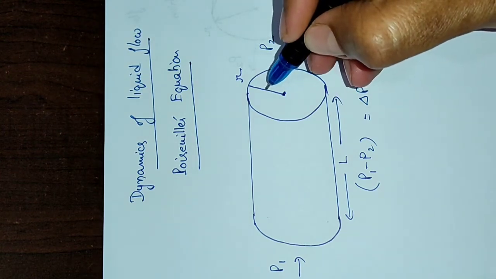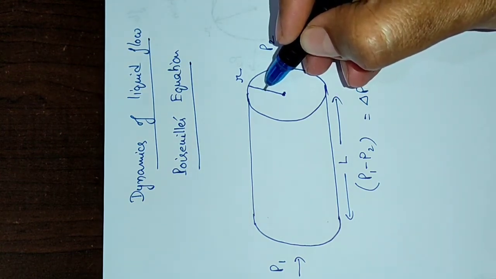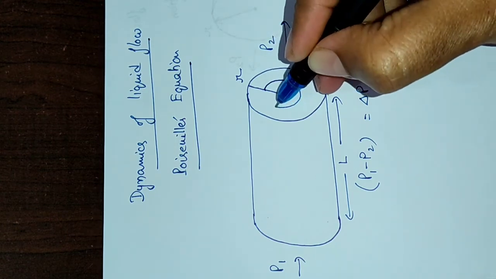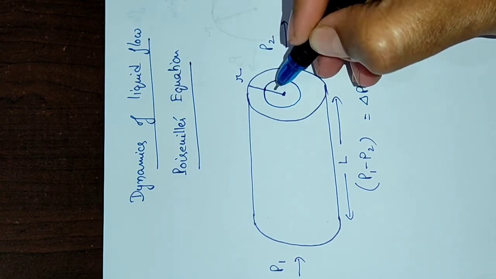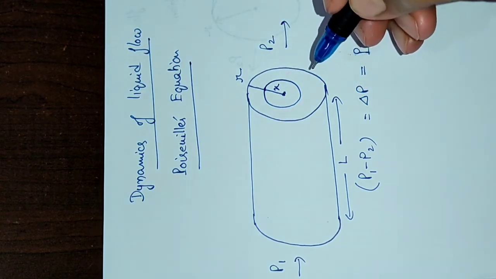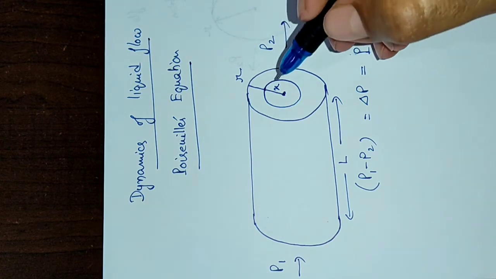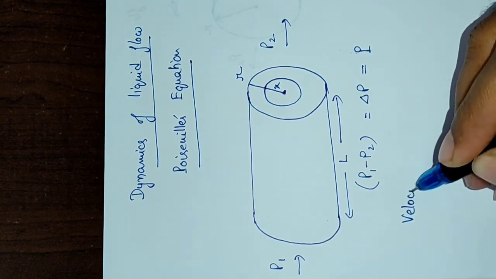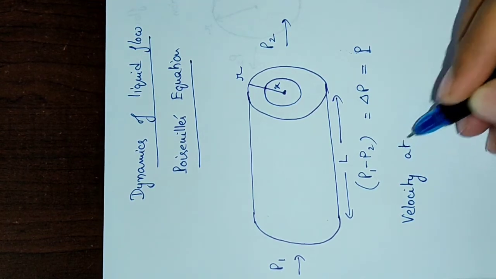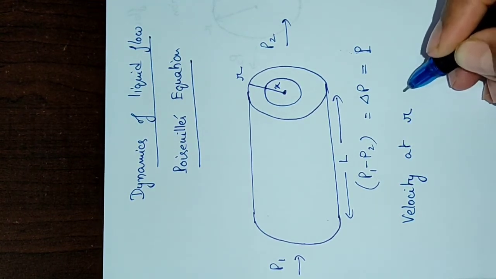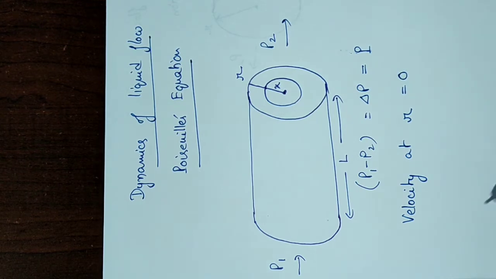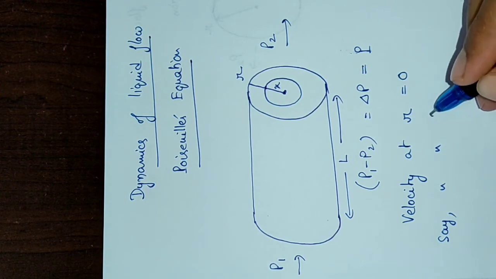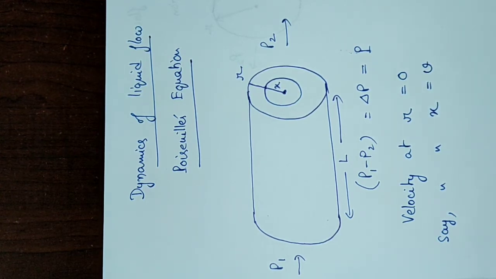Now let the velocity at a certain position x from the center be v. So this is x and velocity of the liquid at this position be v. So velocity at r equal to 0 and say velocity at x be v.